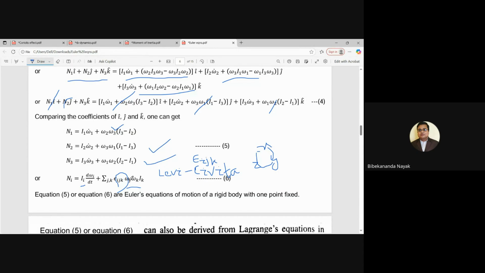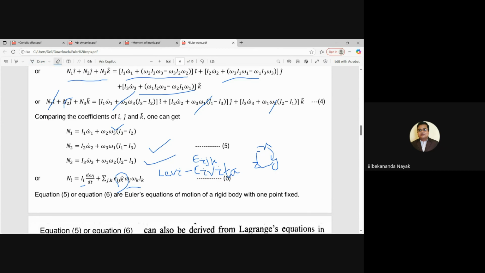You can check here: epsilon ijk omega_j omega_k I_k. Here with j equal to 2, k equal to 3, it will be plus omega_k I_k, k is 3, so I3, plus. But for the second case, change j and k: j is 3, k is 2. The order is opposite, 3, 2 means z, y, reversed, so it is minus I2. So this is a general formula, which is known as Euler's equation of motion.